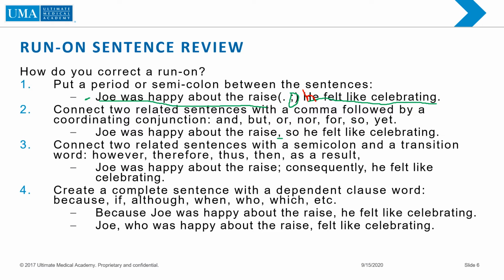So what you did is you connected two related sentences with a semicolon. This is a complete sentence here, and this is a complete sentence. In order to join them together, you have a semicolon here in addition to a transition.